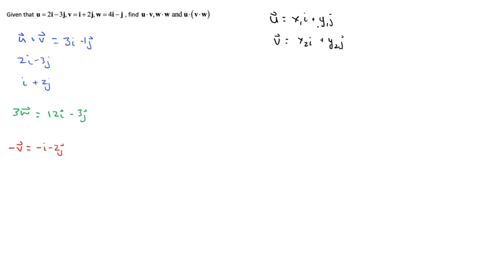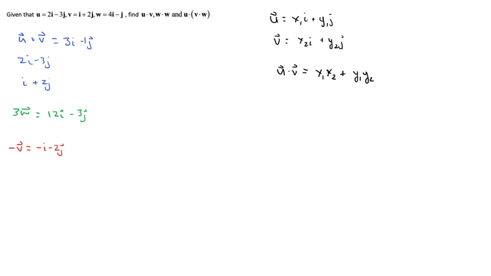It doesn't matter if it's a plus or minus. Then the dot product u dot v, we actually just multiply the corresponding components together: x1 times x2 plus y1 times y2. So we multiply the corresponding components and then just add them up together.